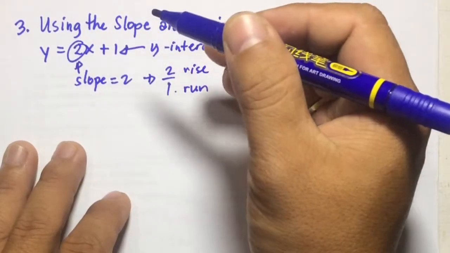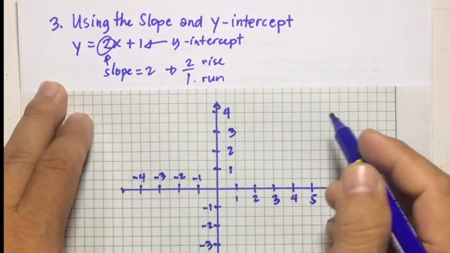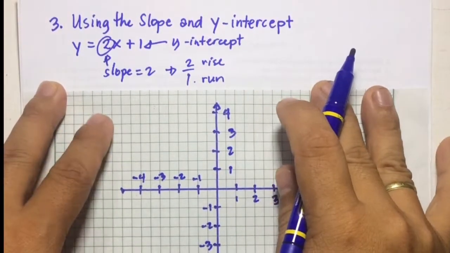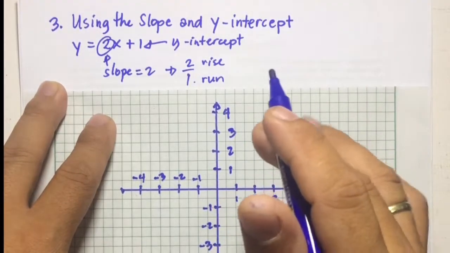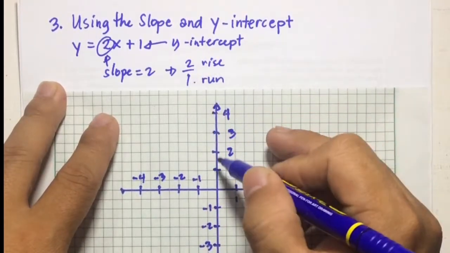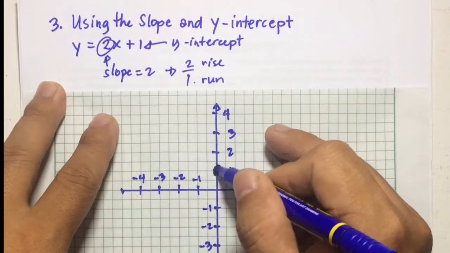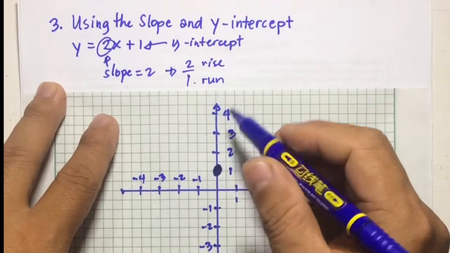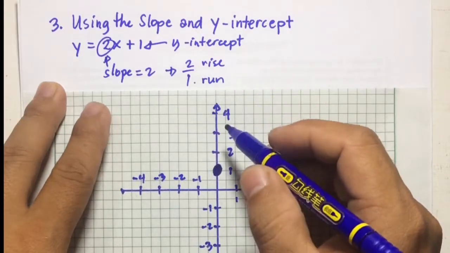Now if we're going to graph this using graphing paper, we are going to plot first the y-intercept, then find the next point using the slope. So the y-intercept here is 1, so we're going to have here the y-intercept 1. Then using this point, we're going to find the next point using the slope.